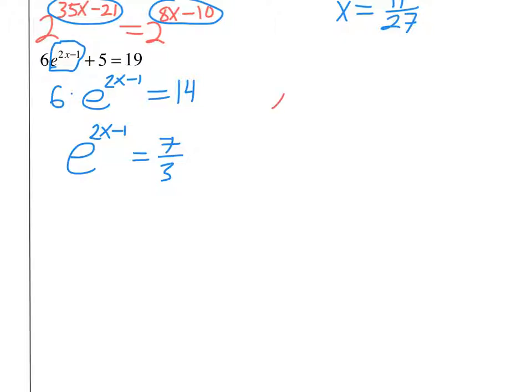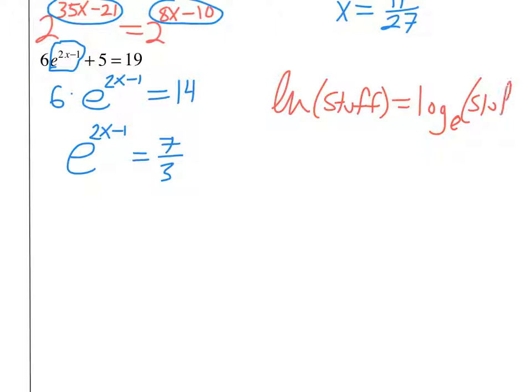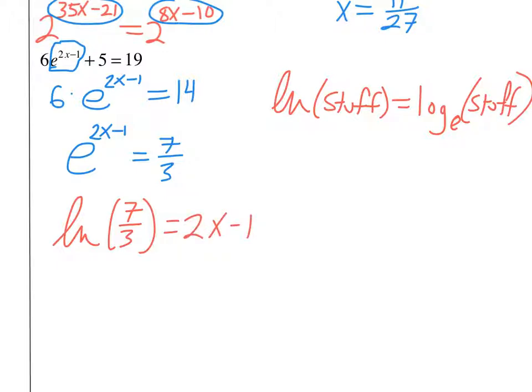For an e, I know that ln of something is equal to log base e of that something. So this is going to be the natural log of 7 over 3 is equal to 2x minus 1.